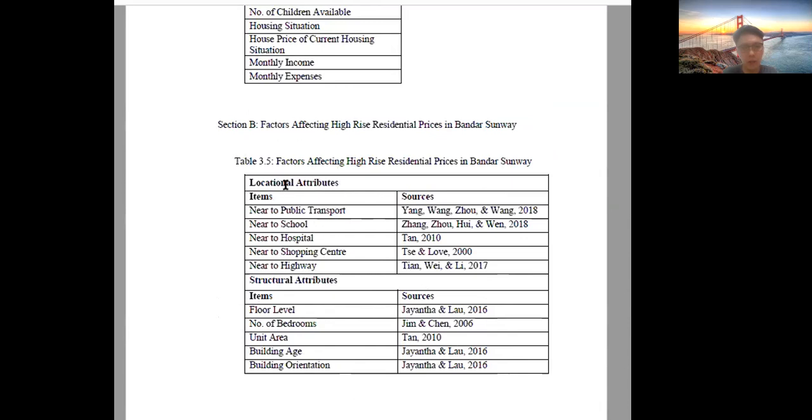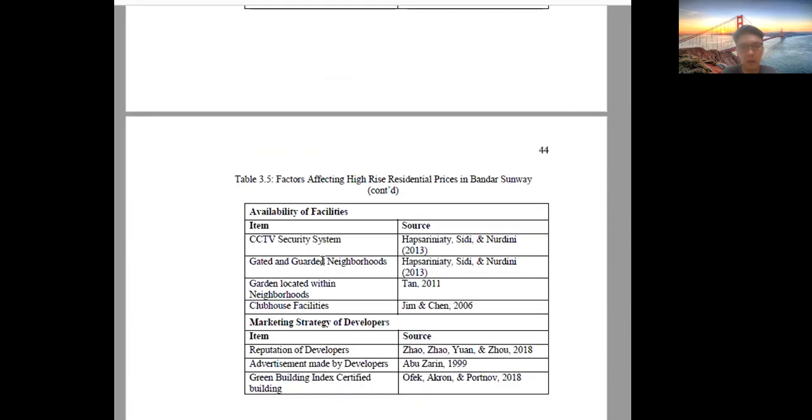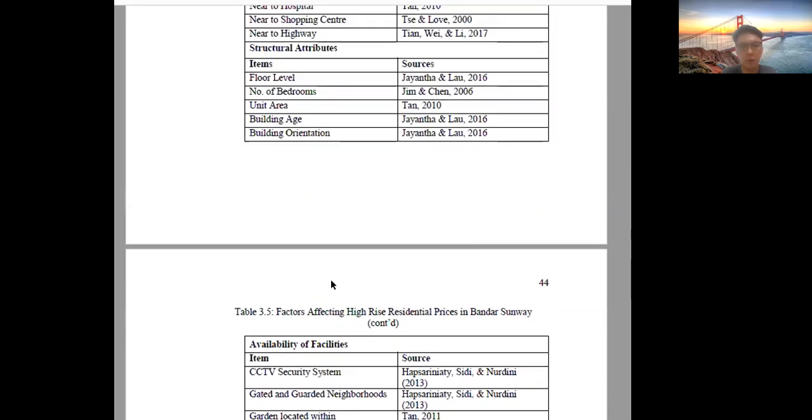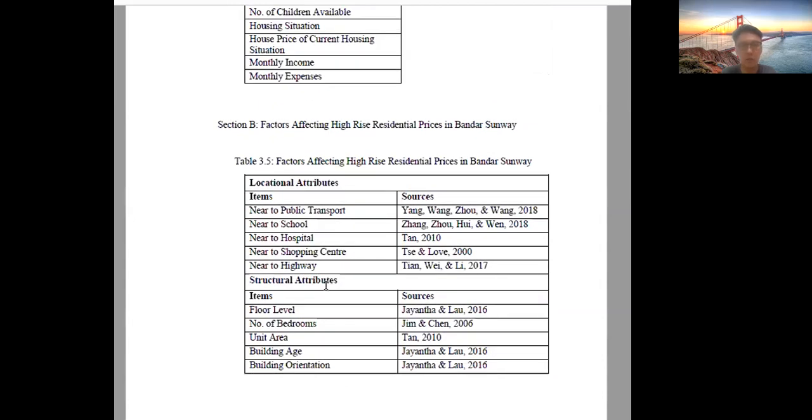She has locational factors and structural factors. So these are all the items, these are all the questions, and the source is where he got them. Same goes to this one. If you don't do this first, when you reach chapter 3 later, you will face trouble. But now I ask you to list them down in one whole bunch.